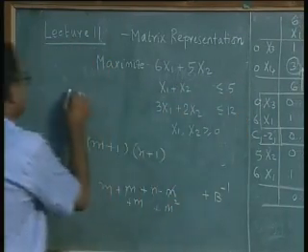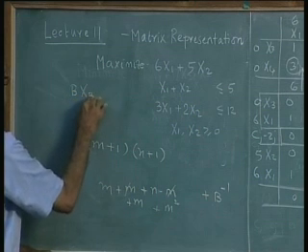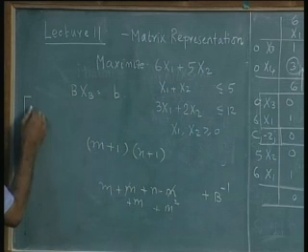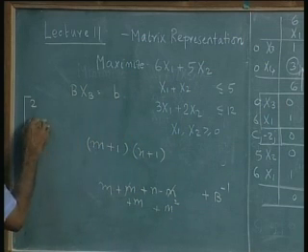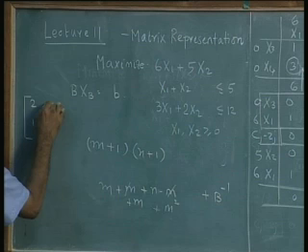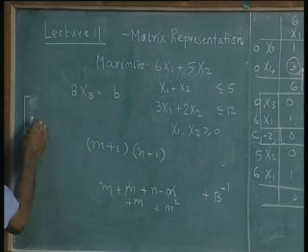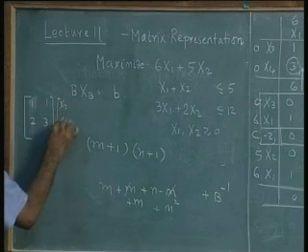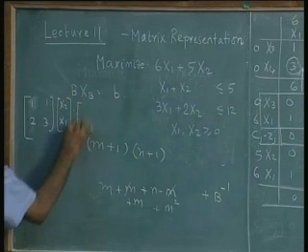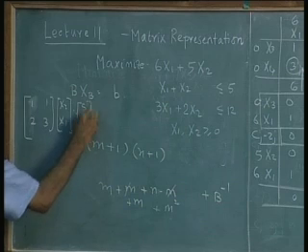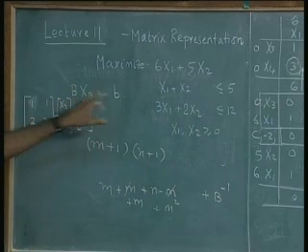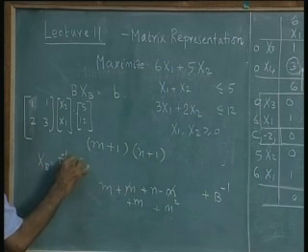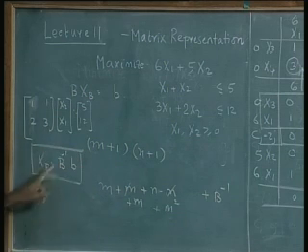So we are solving effectively for B xb equal to b, that is, 1 2 1 3 into x2 x1 equal to 5 12, from which xb equal to B inverse b. This is another equation.